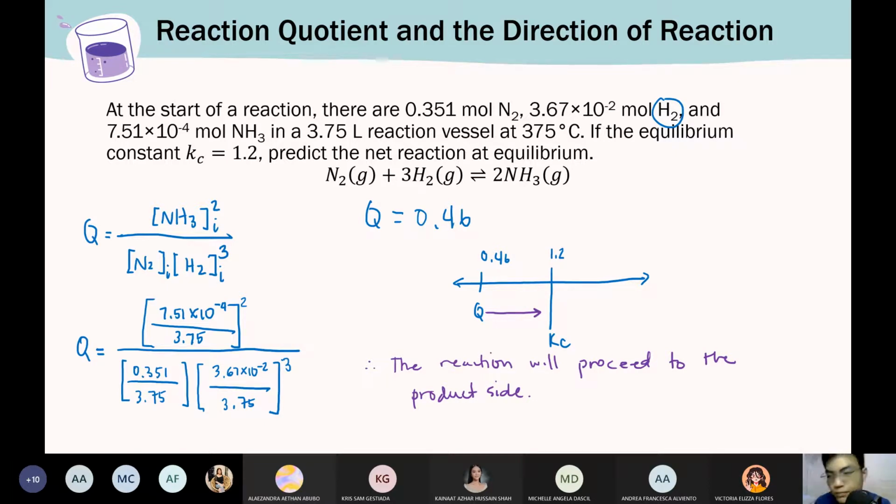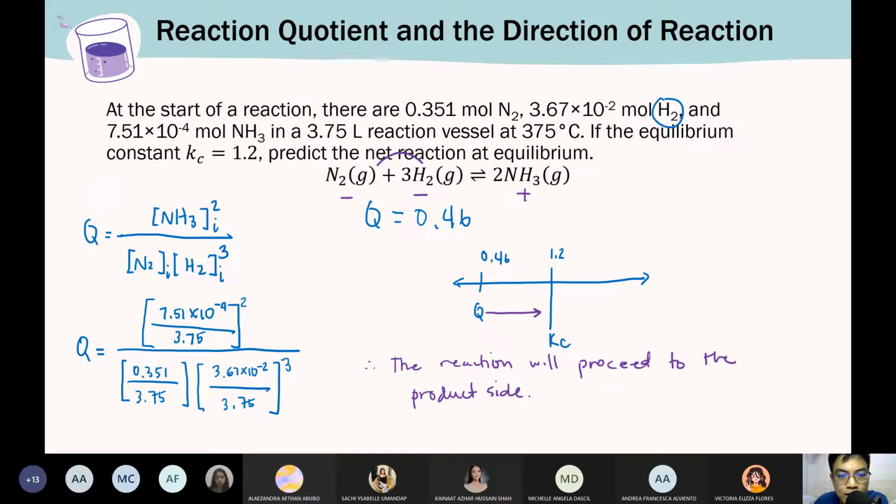So what does that mean? Ibig sabihin lang yan, if it proceeds to the product side, some of the nitrogen gas and some of the hydrogen gas will get converted to form the ammonia. So ibig sabihin, yung concentration ng ammonia, madadagdagan siya over time, while the concentration of nitrogen and hydrogen gases, mababawasan sila.